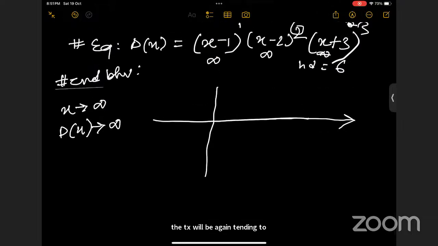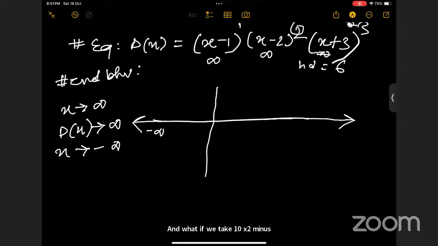Okay. And what if we tend x to minus infinity? That means if we move along this direction, minus infinity, then what will be the behavior of p(x)? Infinity, plus infinity.